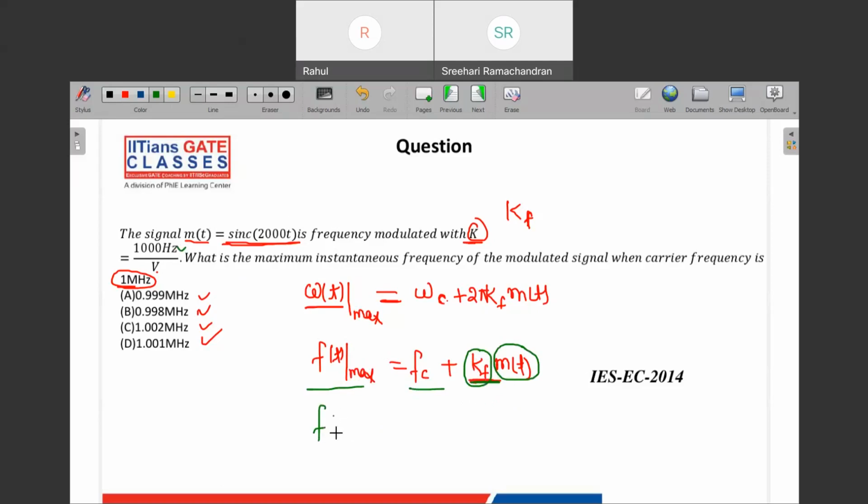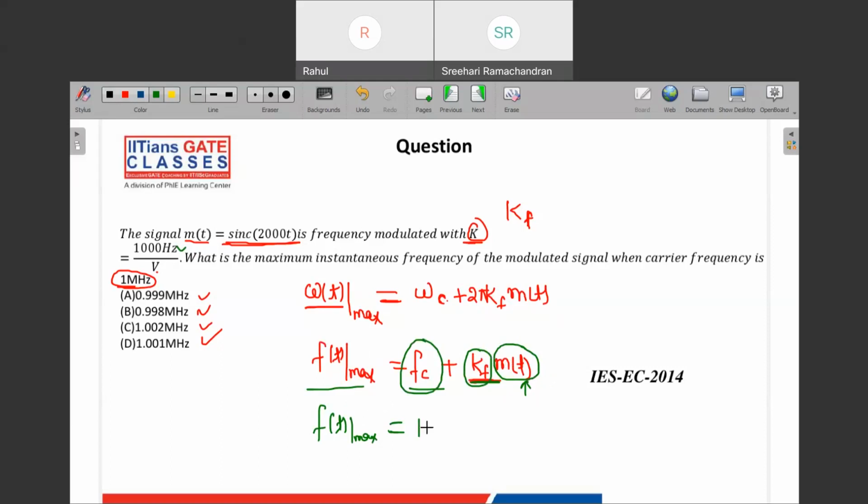So ft max we need to find out. We will get ft max when mt is the maximum, because fc is a constant and kf is also a constant. Now it all depends upon the value of mt. So when mt is maximum, we get the maximum instantaneous frequency.